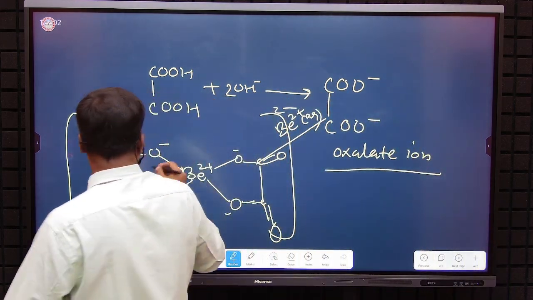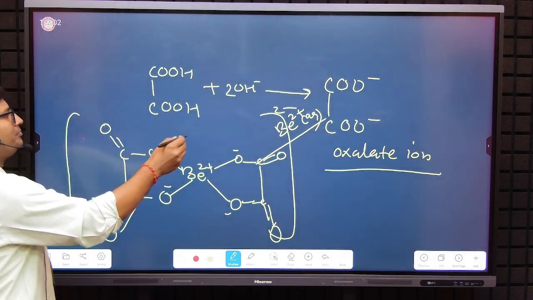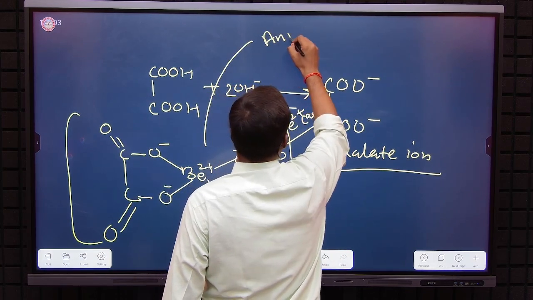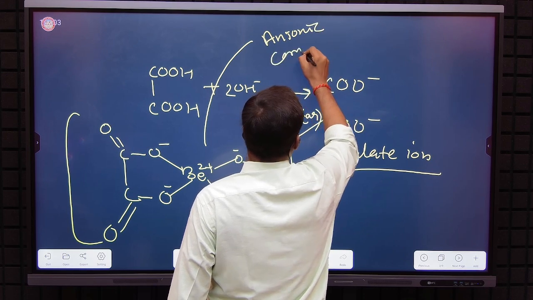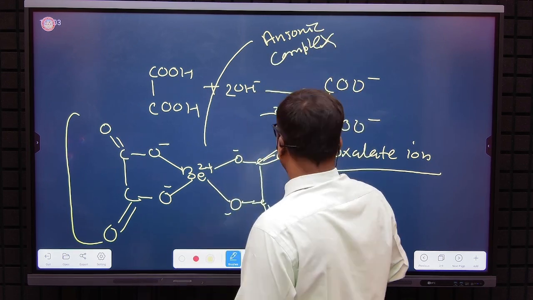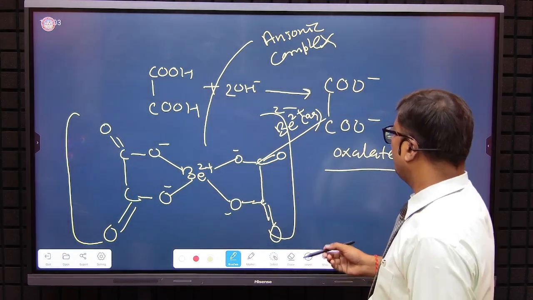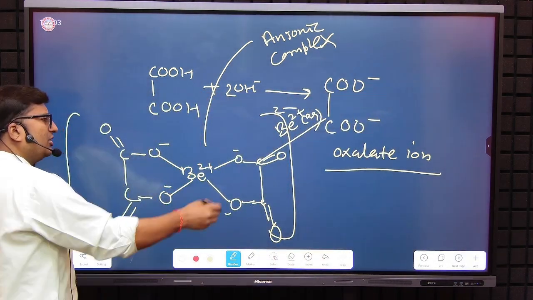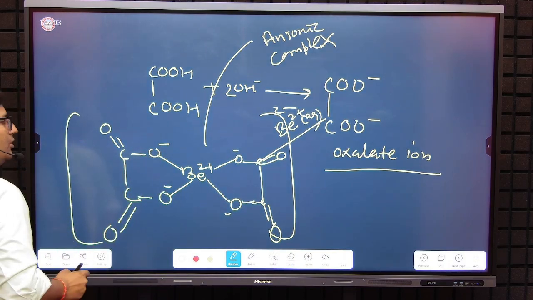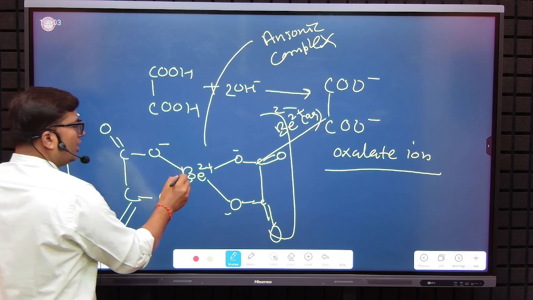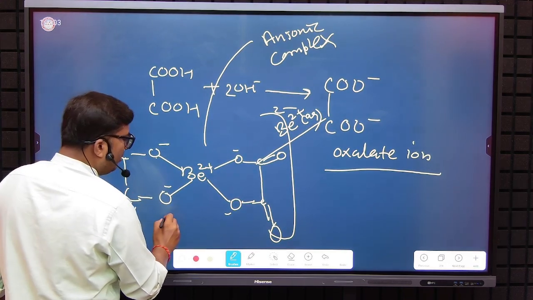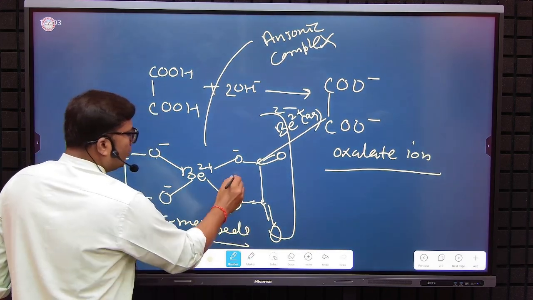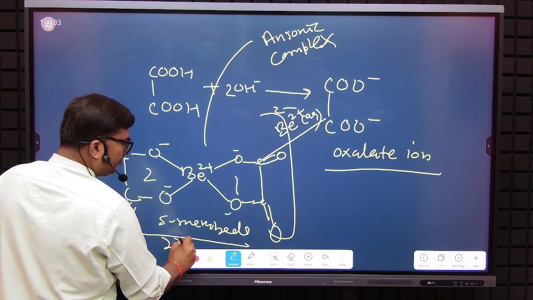So beryllium 2+ forms an anionic complex. So this is your anionic complex. This type of complex is formed through oxygen donors, four oxygen donors in this particular complex. So they form 1, 2, 3, 4, 5-membered rings, one ring, two rings.